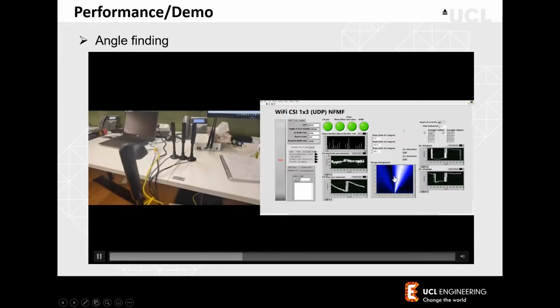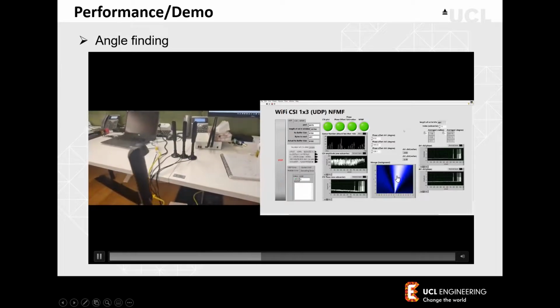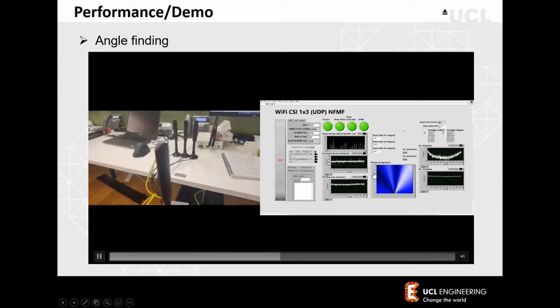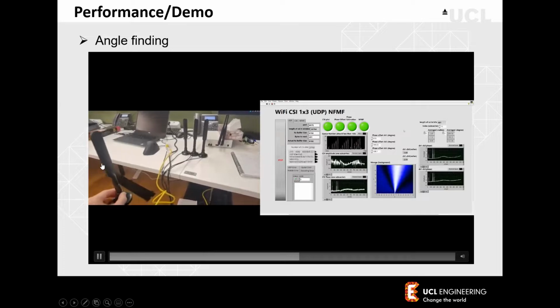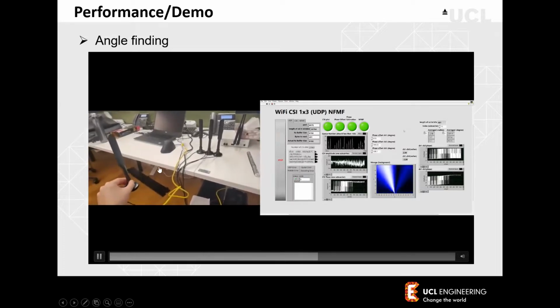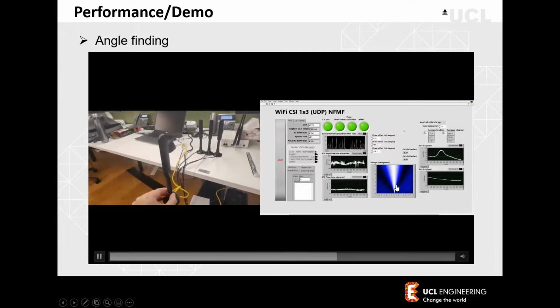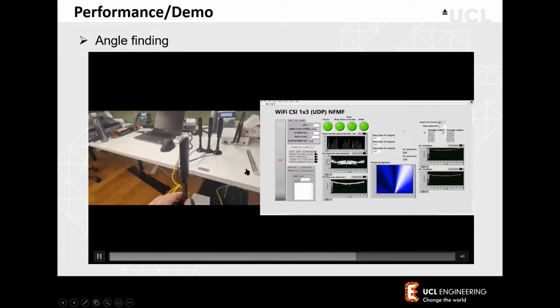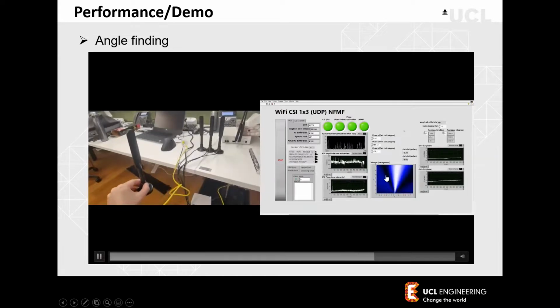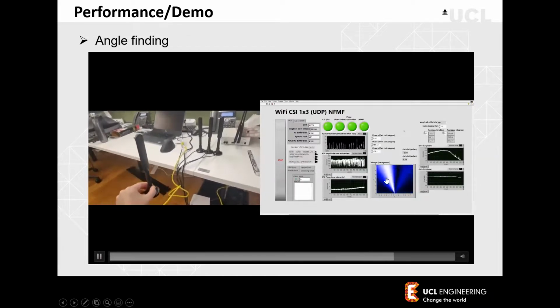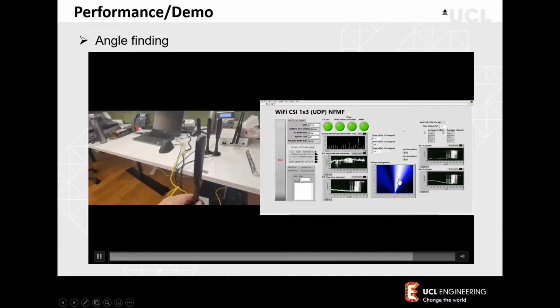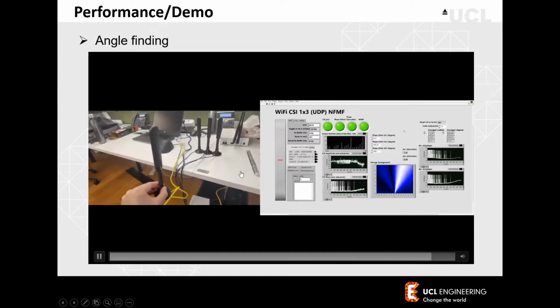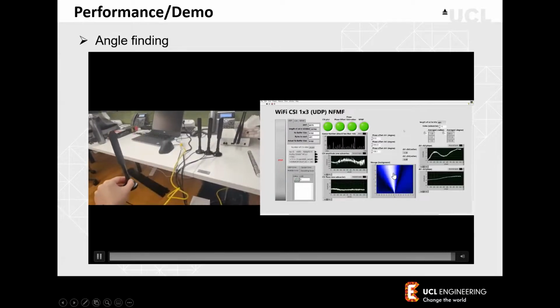You can see the beam angle change over time when I move this transmitter antenna. You can see there's a slight half-second delay, due to the processing in the system. But it's actually quite accurate in showing how the antenna moves around in front of the receiver antennas.